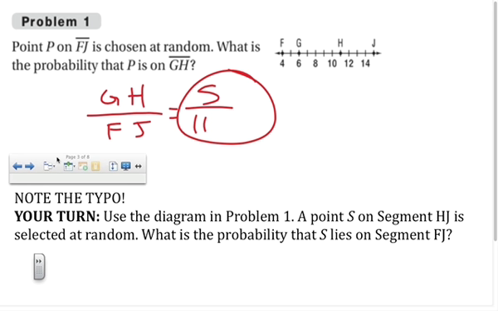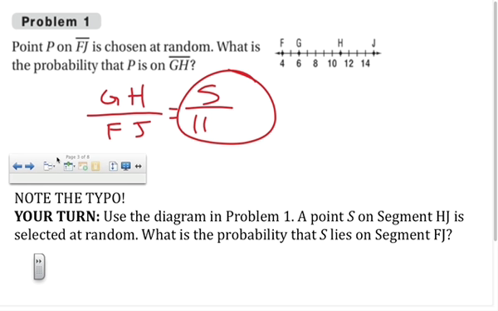You're looking at it kind of cross-eyed, and that's kind of the desired effect. If it's on segment HJ, isn't it a certainty that it's going to land somewhere on FJ? Isn't it like a guarantee? If it's on HJ, it's definitely on FJ, right?